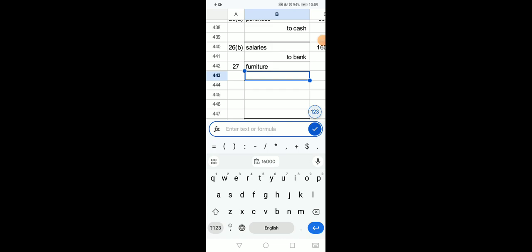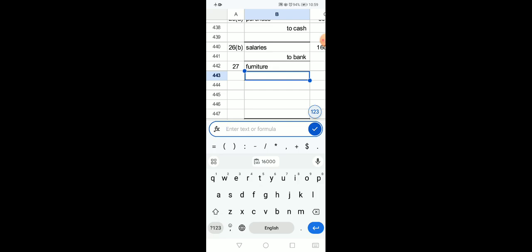And since in the 27th entry you are buying this furniture through check, he gives a check. In the 27th entry you are giving a check. When you give the check to the person from whom you have purchased furniture, he will go to your bank account, will present that check, and will withdraw the amount from your bank account. Thus the amount present in your bank account would be decreased.